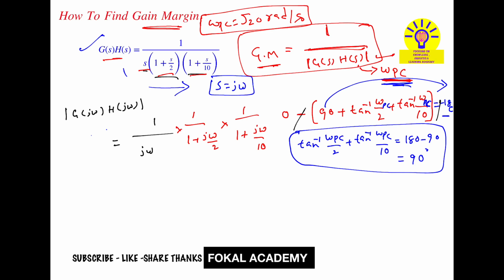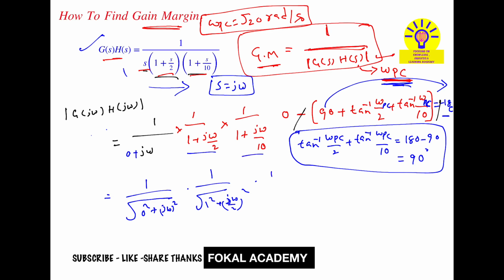For ease of simplification, now find the magnitude. It becomes 1 by root of the sum of squares of the real and imaginary parts. Here the real part is 0, so 0 square plus omega square. Next, 1 by root of 1 square plus (omega by 2) whole square, into 1 by root of 1 square plus (omega by 10) whole square.